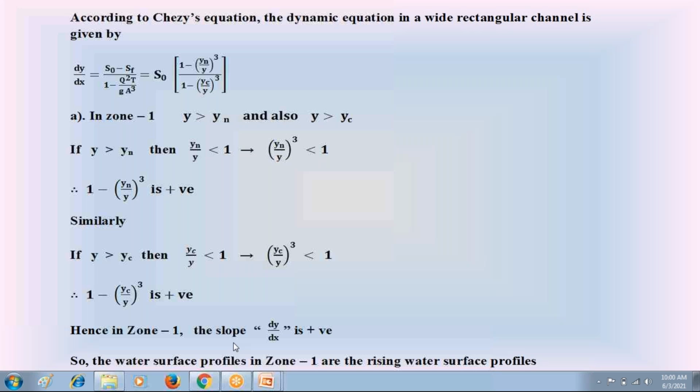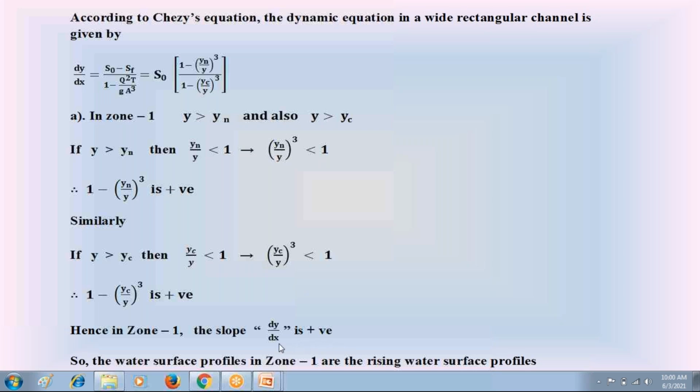In zone 1, y is greater than yn and also y is greater than yc. If y is greater than yn, 1 minus yn by y whole cube is positive. If y is greater than yc, 1 minus yc by y whole cube is also positive. So the numerator is positive, the denominator is positive, so in zone 1, dy by dx is positive.